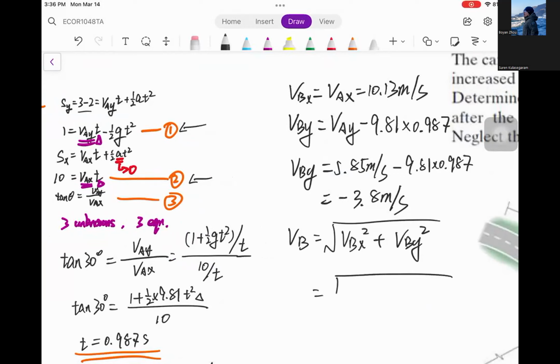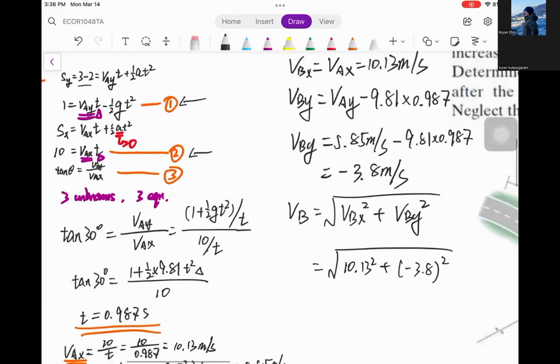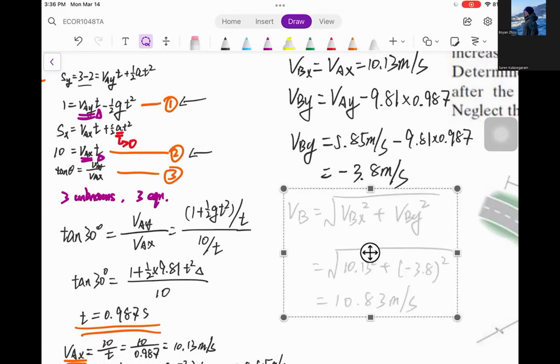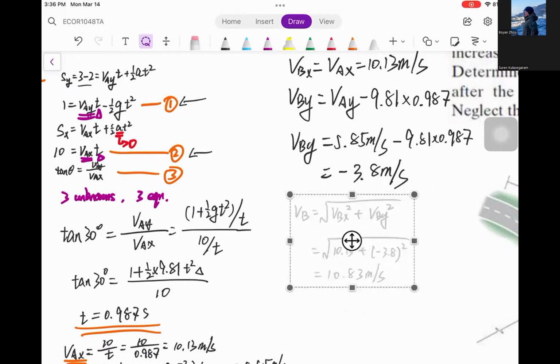So 10.13 to the power of 2 plus negative 3.8 to the power of 2. So the final answer is 10.83 meters per second. So that is the magnitude of VB.